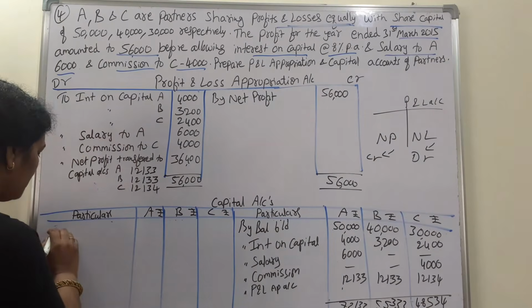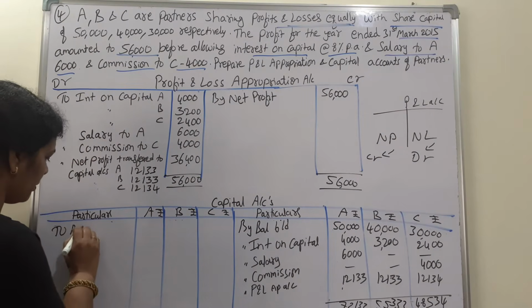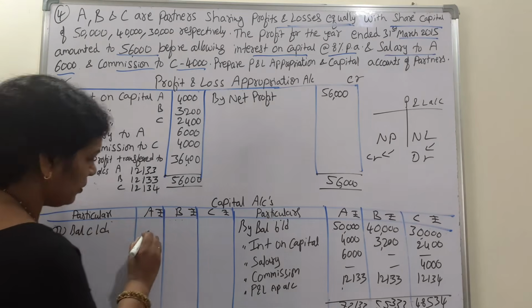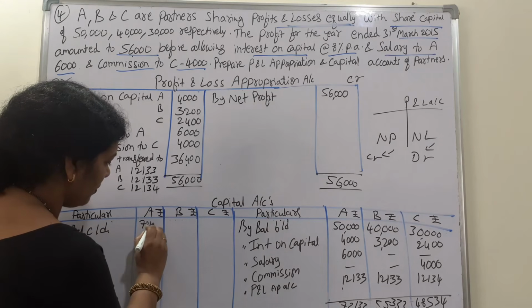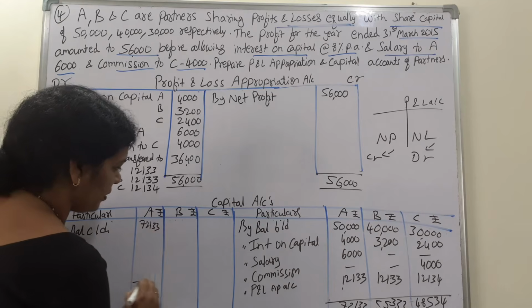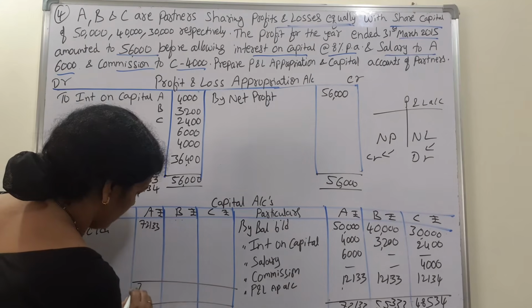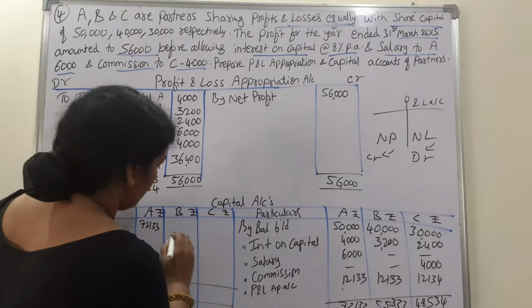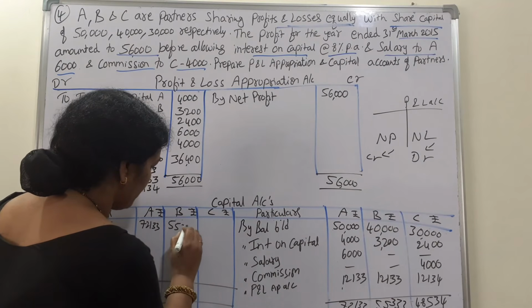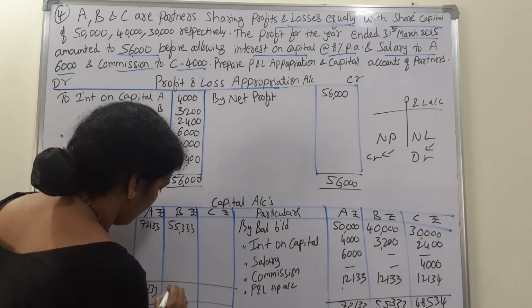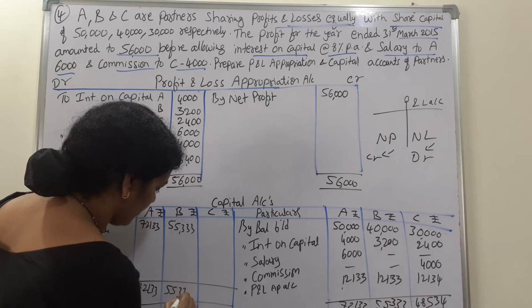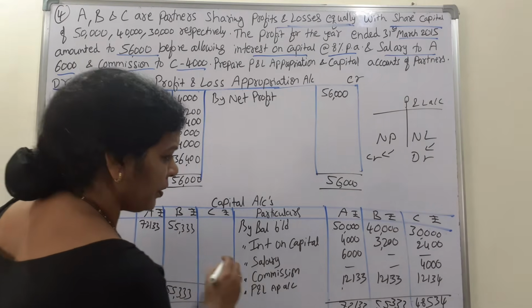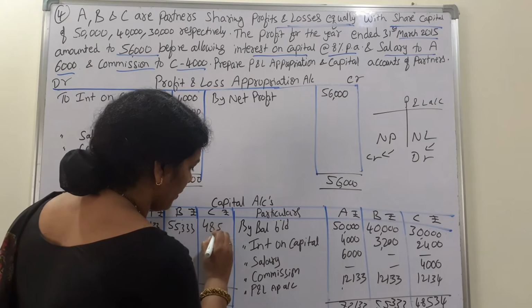Okay, so this is to be transferred to balance carried on, the same amounts: 72,133, 55,333, 48,534.